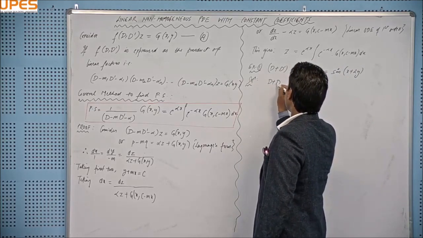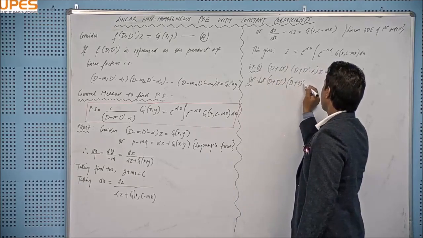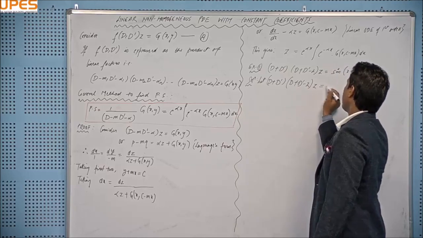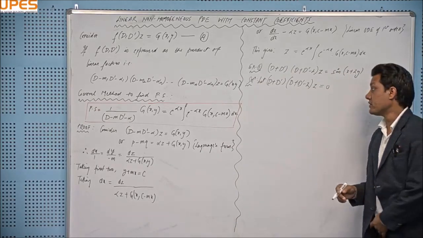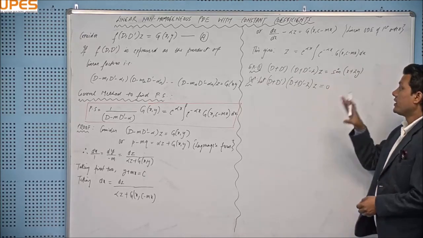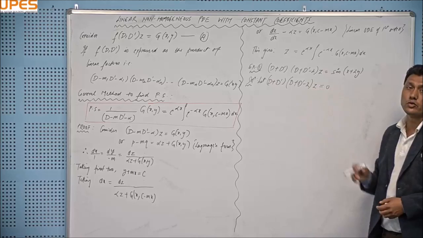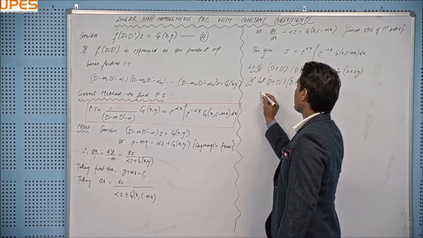(D + D')(D + D' - 2) z = 0, meaning taking the right hand side as 0 to find the complementary function. You know that the complementary function is always found by equating F(D, D') z equal to 0, right? Then I will get the complementary function.